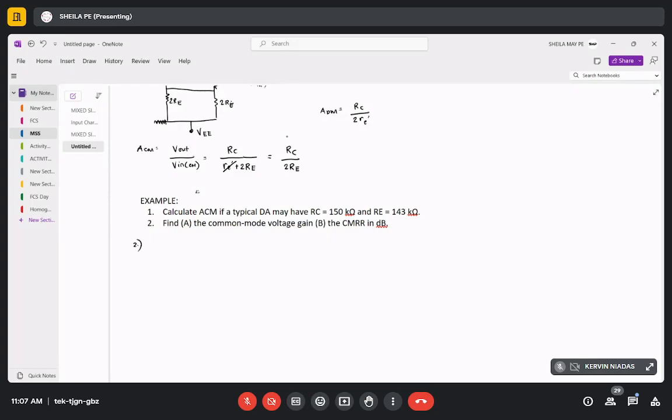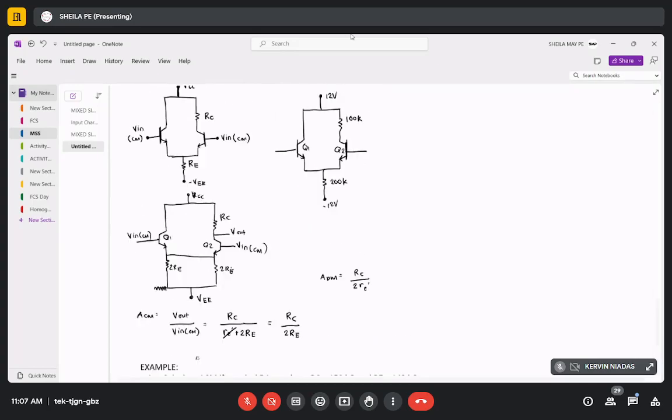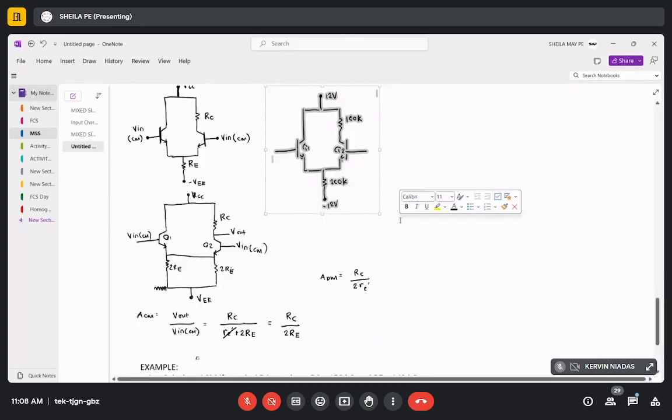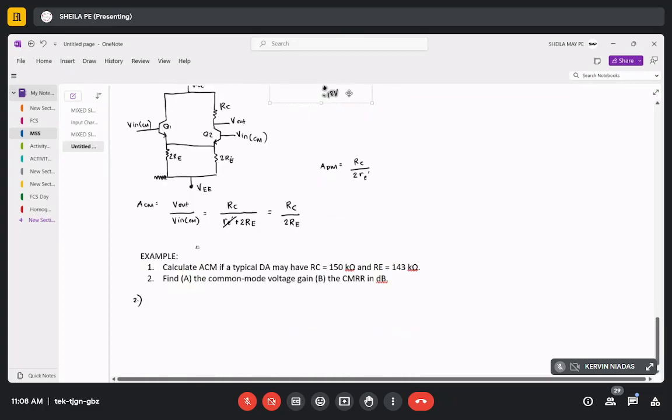So for number 2, let's start for number 2 first. Okay, look at the circuit.